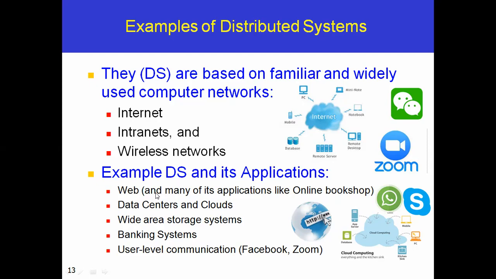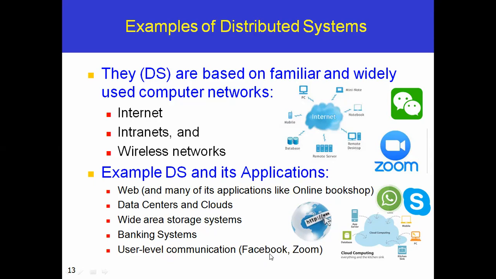Next, examples of distributed systems and their applications. The web is one example. Data centers and clouds, wide area storage systems, banking systems, and user level communication like Facebook and Zoom. The best example of a distributed system is the present one.